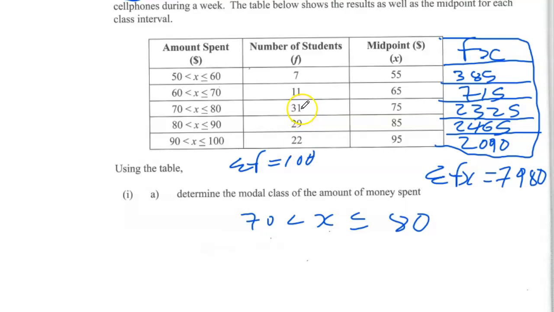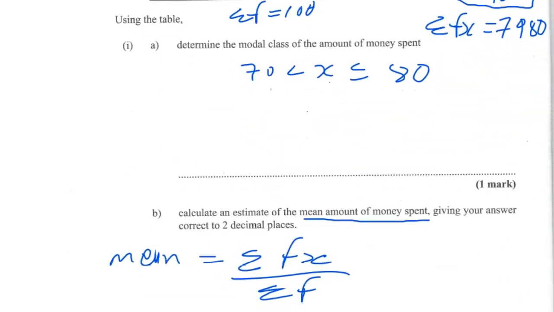So 49 up to here, so the 50th would fall in this interval here. The amount between the 50th and 51st would fall between 80 and 90, right?